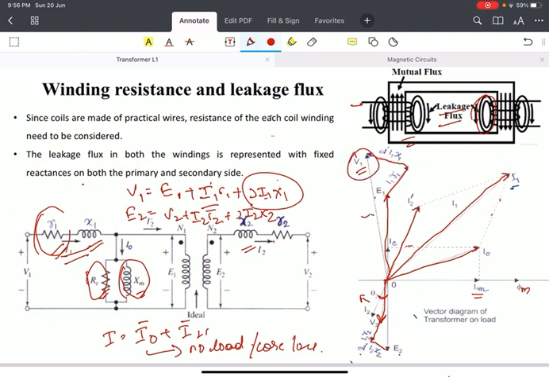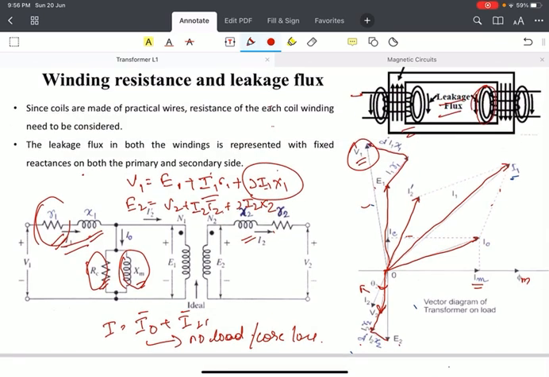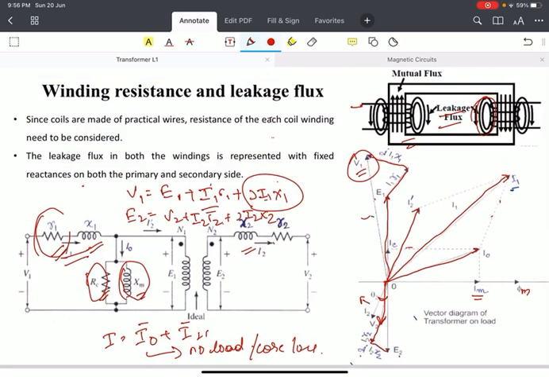So this is the vector diagram of the transformer on load. This is the vector diagram of the practical transformer. What all are we considering?